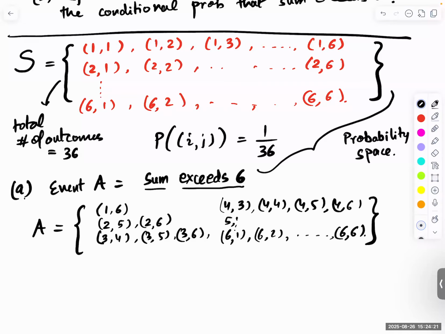So let me write down 5 and 2, 5 and 3, all the way till 5 and 6.